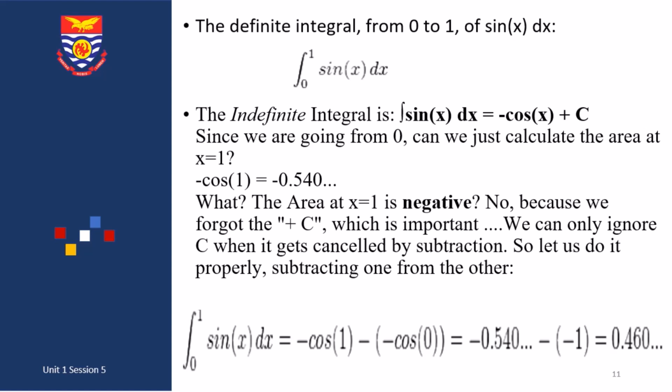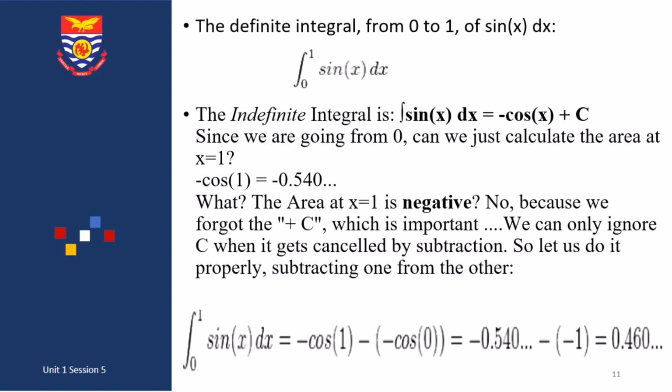Now, because we forgot the plus c, which is important, we can only ignore c when it gets cancelled by subtraction. So we have to do it properly, subtracting one from the other. So if I have the integral of sine x from 0 to 1, then we are going to get negative cos 1 minus negative cos 0.